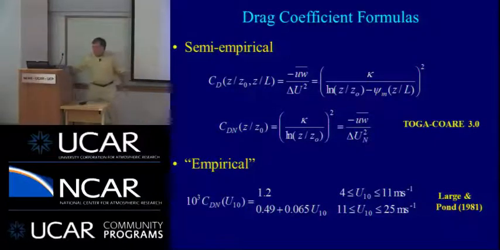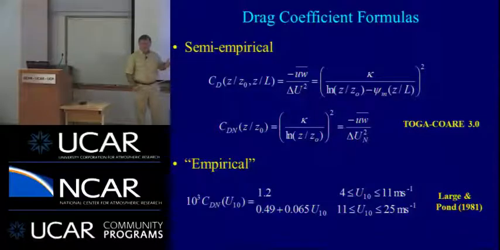Now there are two things to note in the way that we compute the drag coefficient. First of all, the drag coefficient is defined here as the correlation between the horizontal wind and the vertical velocity, right? So that's our momentum flux, the kinematic form of the momentum flux, and we're dividing by the wind speed squared. Ideally, this wind speed is measured relative to the water. That's the wind speed that we want.